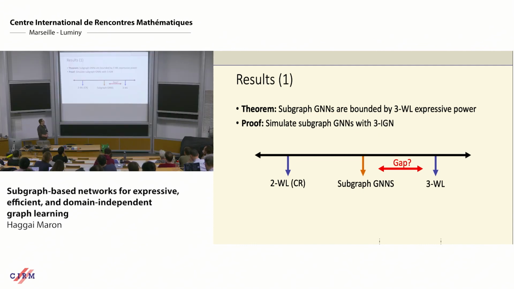And so if you can separate a graph with subgraph GNN, you can separate it with 3WL as well. So this answers an open question on the upper bound of those methods, because people didn't realize that this is still bounded.